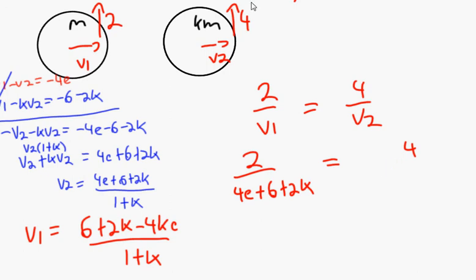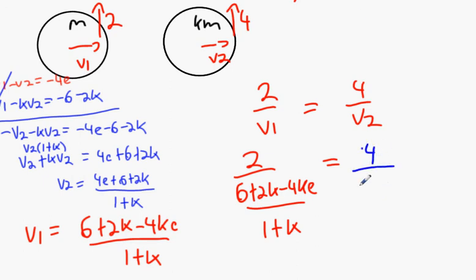Wait. I got them mixed up, did I? Go again. 6 plus 2k minus 4ke all over 1 plus k. And then the other side is going to be 4 divided by 4e plus 6 plus 2k all over 1 plus k.